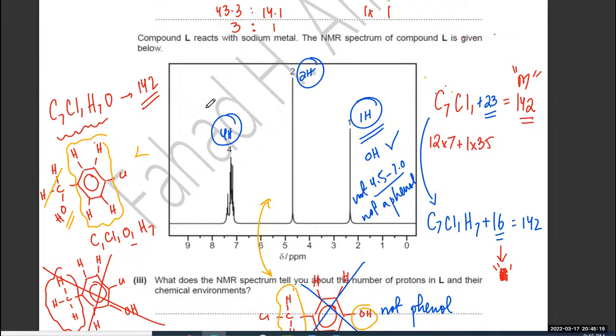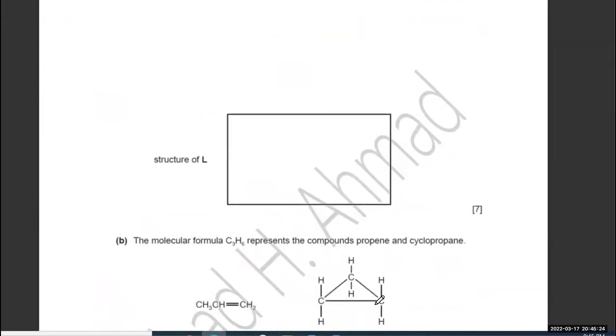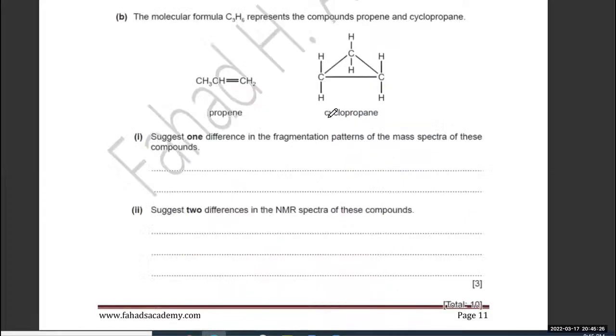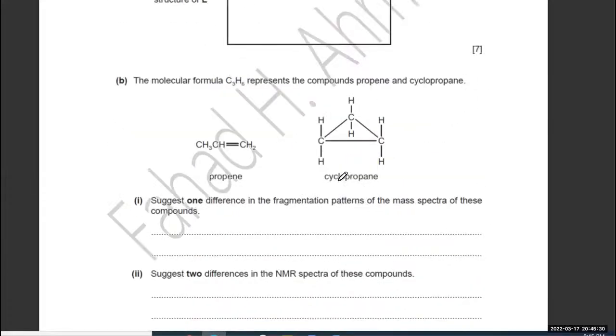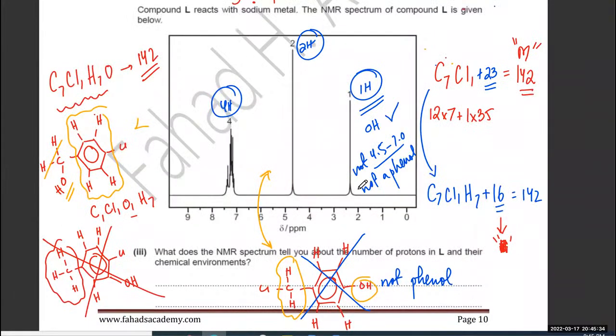So the next one is you have to draw the structure. It's a 7-mark question, so you have to explain everything. So moving to the next part, you can check the mark scheme as well, how this is answered. The way it's going to be answered is you're going to state that the chemical shift value at 2.2 represents an OH, which is part of an alcohol.